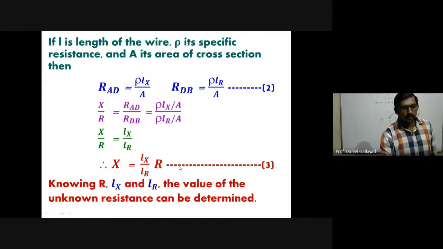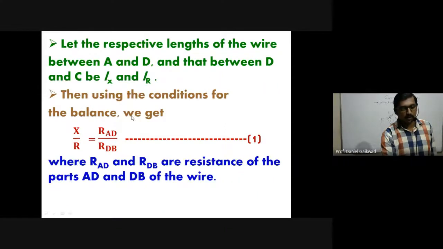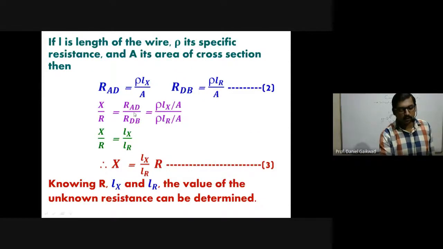Now check carefully the formula from 11th standard. Resistance is equal to resistivity times length divided by area. So R is equal to rho L divided by A. Accordingly, we have R_AD equal to rho Lx divided by A, and R_DB equal to rho Lr divided by A. If we use equation 2 in equation 1, what we obtain here is X upon R equal to R_AD divided by R_DB, that is rho Lx divided by A over rho Lr divided by A. Rho gets cancelled, A also gets cancelled.